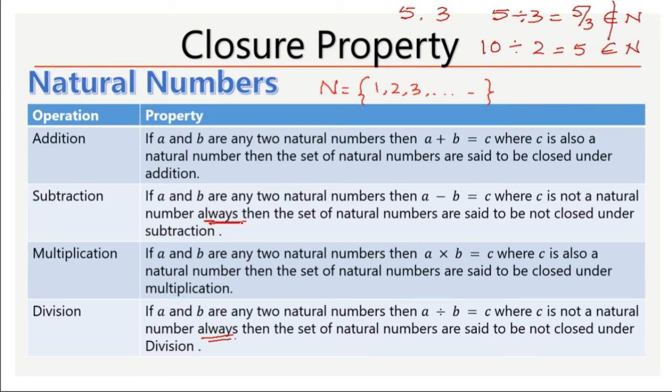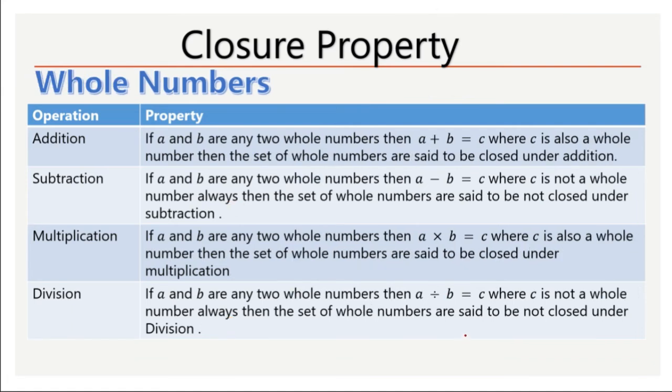So look at subtraction and division. The natural numbers are not closed under these two operations, whereas under addition and multiplication they are closed. We shall look into another set, the whole numbers.